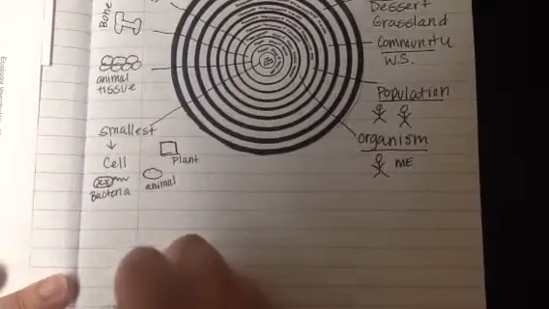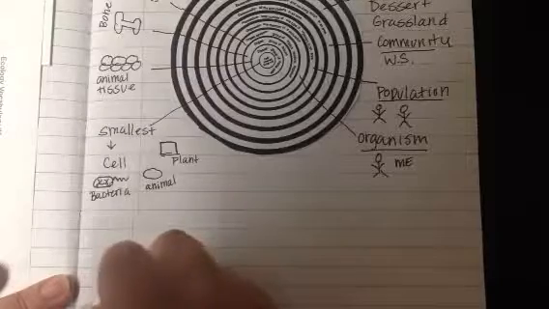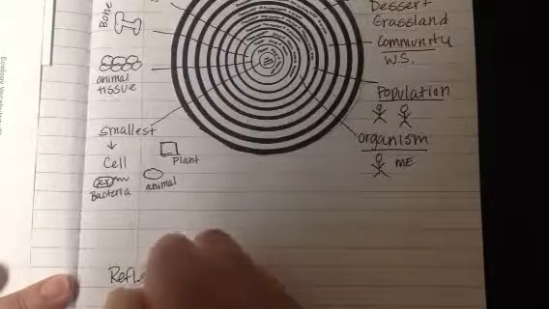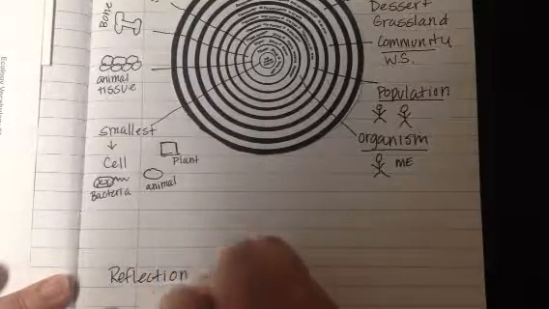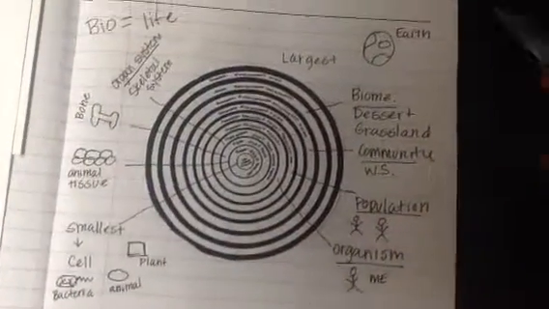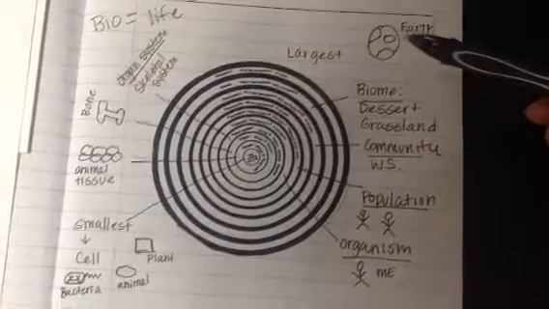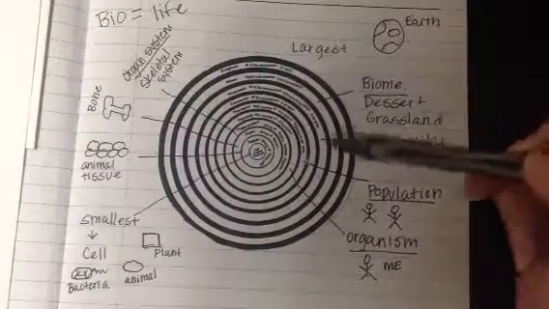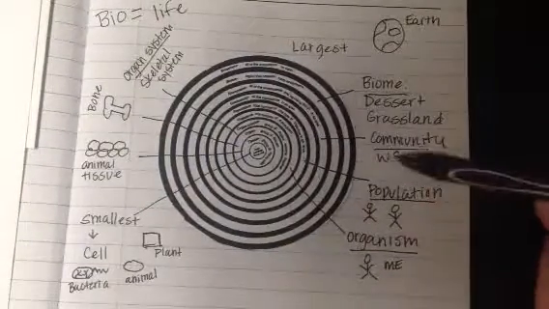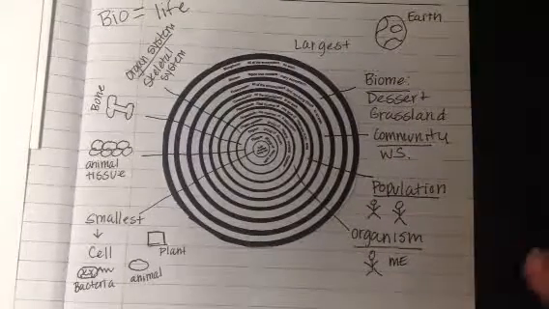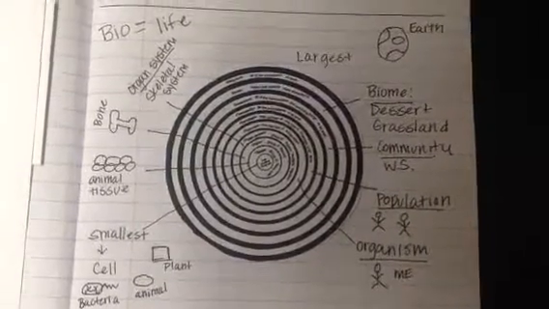So at the very bottom, you're going to write a reflection. And I want to see 1 to 2 sentences about what does this mean? What are the levels of organization, and what does it mean? How is this important in our life and to you? So in your reflection, I'll be looking for those things.